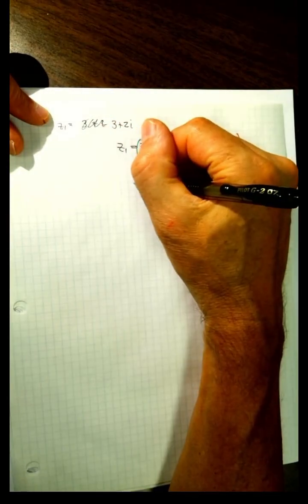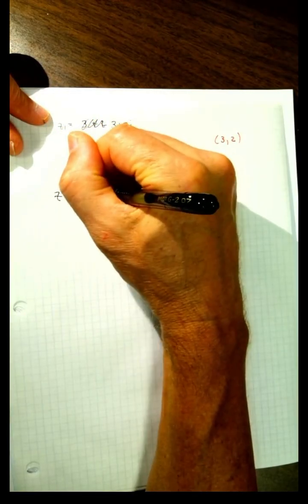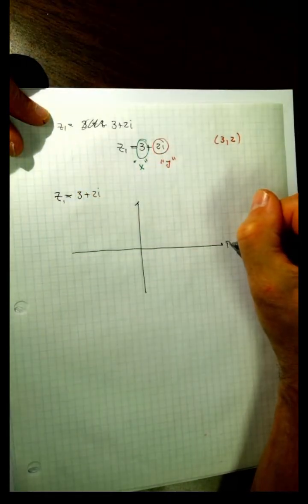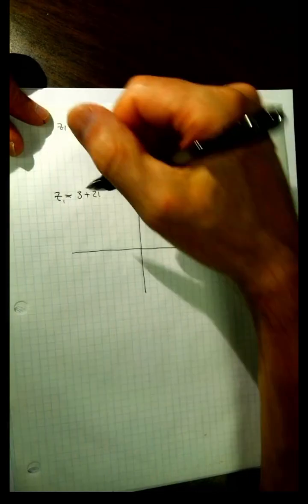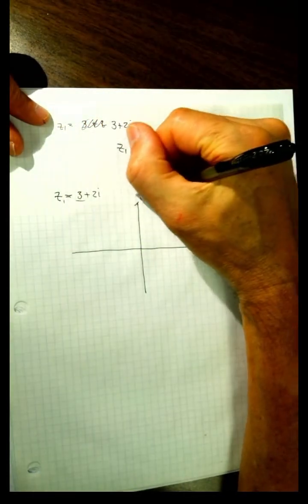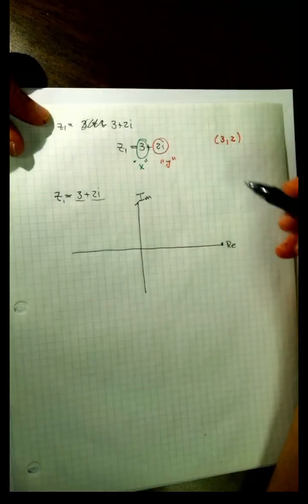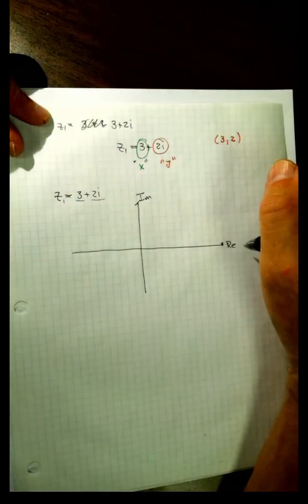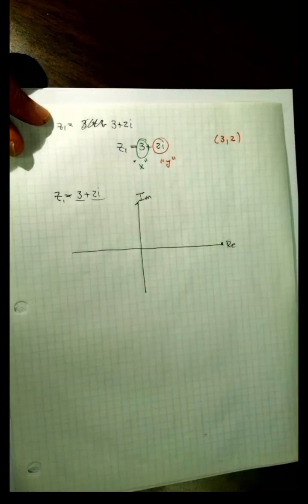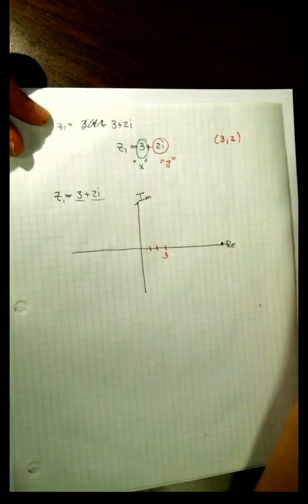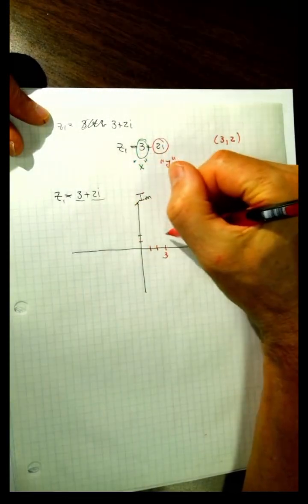That means if I were to graph this, so again, we have z equals 3 plus 2i, we call that z1. If I take the real part as the x component and the imaginary part as the y component, I can think of this as a set of axes. So the horizontal axis is the real part, the vertical axis is the imaginary part. I'm going to go over 1, 2, 3, because that's the real part, and then go up 2.